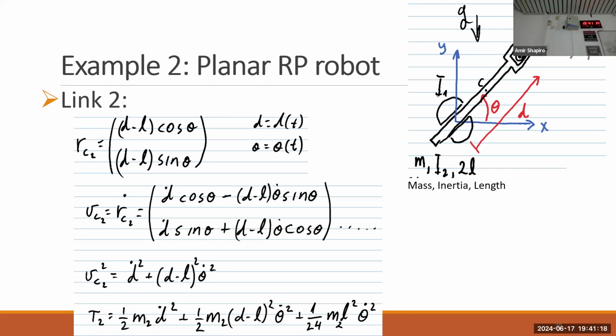This is the derivative of cosine: it's sine theta, theta dot, and since it's cosine, the derivative is minus. And the same for the derivative of sine: the derivative of sine is cosine theta dot. If I take v squared, v times v, we get simply d dot squared plus (d minus L) squared theta dot squared.